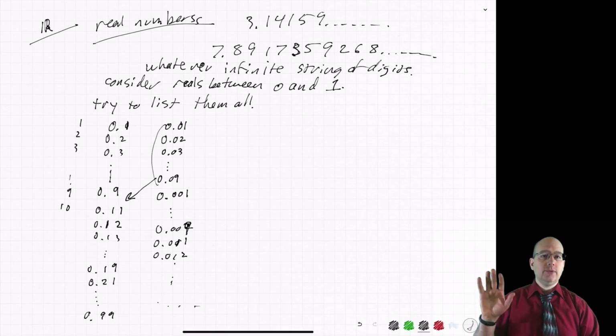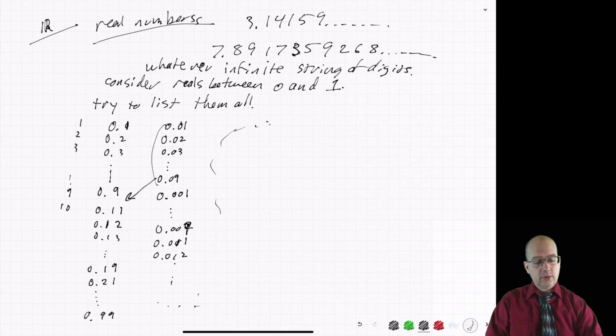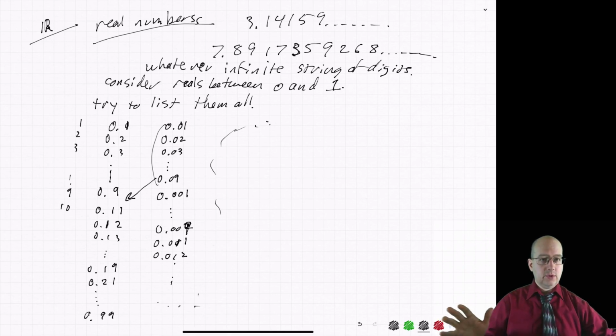So you get all the ones that terminate after 1 digit, all the ones that terminate after 2 digits, 3 digits, 4 digits. Just keep on going, right? Seems good, right? Any particular number you give me, I will reach a point at which I will have gotten the first whatever number of digits of that number, right?